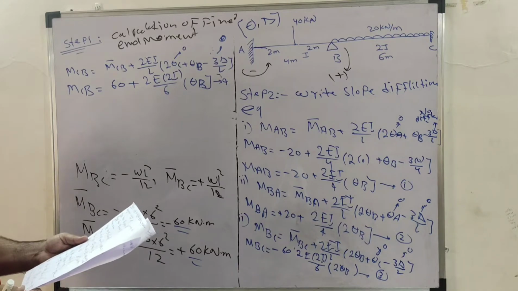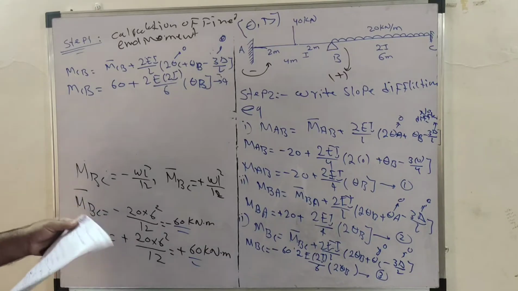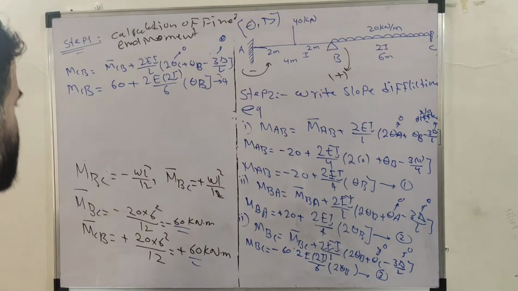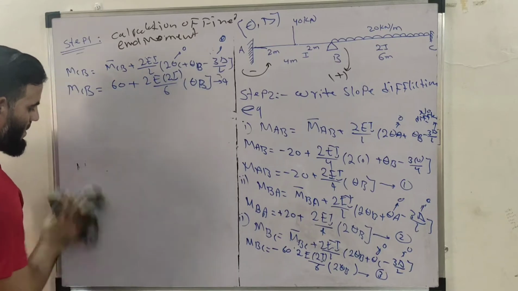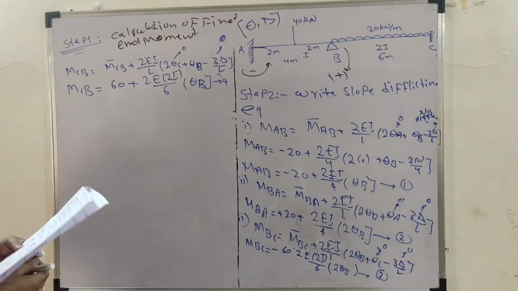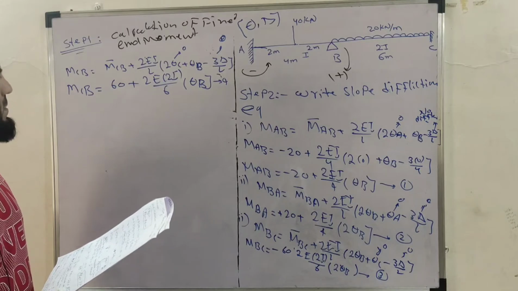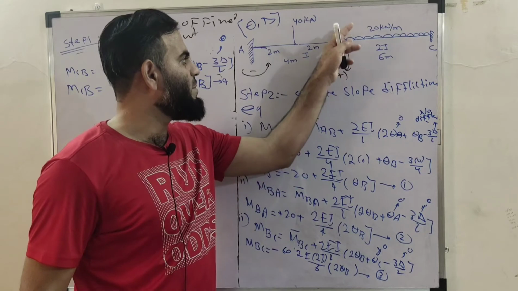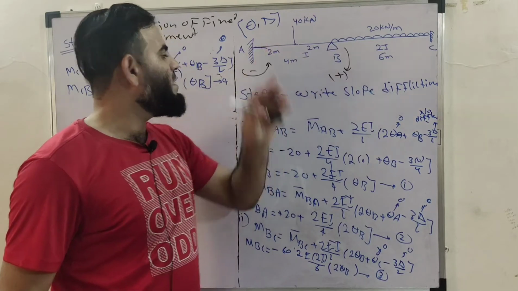Now we will calculate the step number 3. Using equilibrium conditions to find out final end moment. Consider this is the joint B, because joint B is connected to the span of BC and BA.